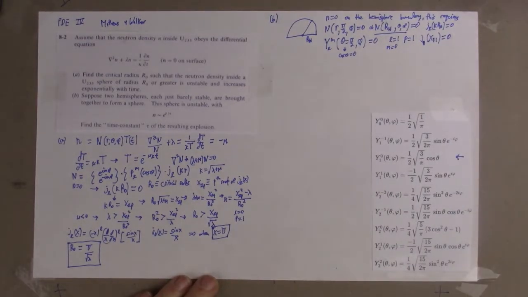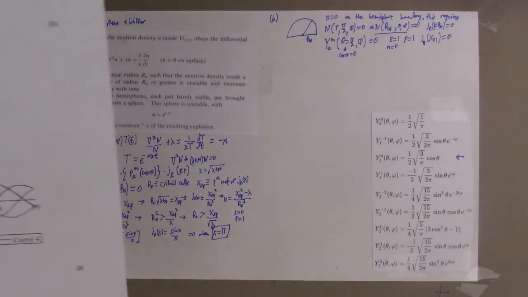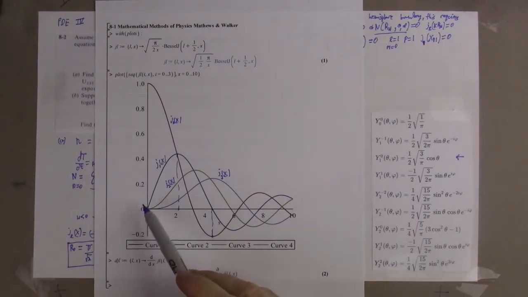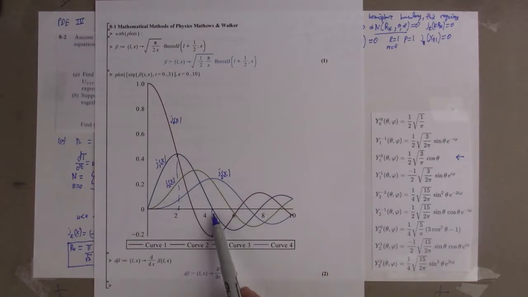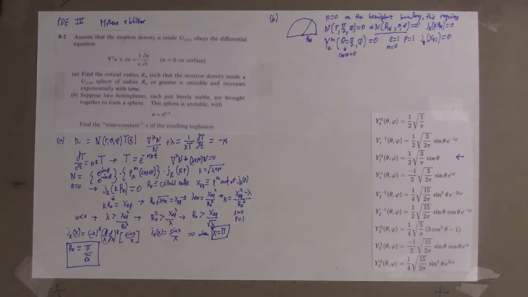Now to get the first root for the spherical Bessel function J1, we go back to our plot, and you can see for J1 that it reaches 0 at about 4.5. And you can calculate it and solve by software.